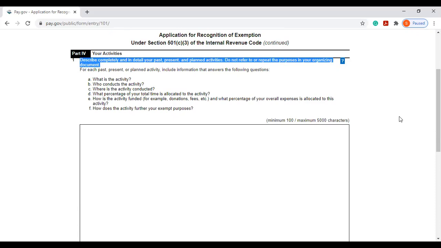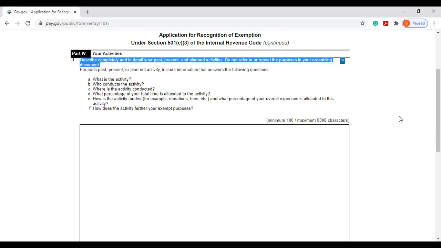An organizing document is the document that you submitted to the Secretary of State's office in the state in which you plan to operate to file your articles of incorporation. Once again, your organizing document is the document that you created to file your articles of incorporation with the Secretary of State's office in the state in which you plan to operate.